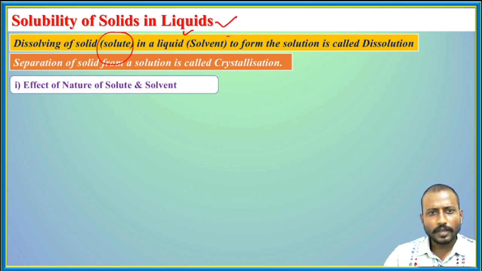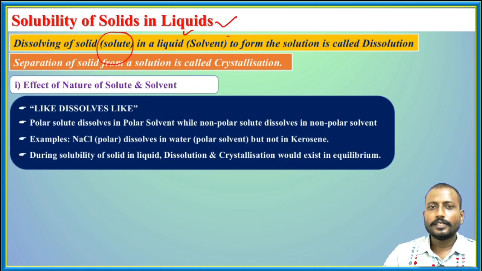What are the factors affecting the solubility of solids in liquids? Of the three factors we discuss, the first is the nature of solute and solvent. Let us see the effect of the nature of solute and solvent. Always remember the point: like dissolves like. Have you tried dissolving sugar in oil any time? If not, please try now. It's not a dangerous experiment.